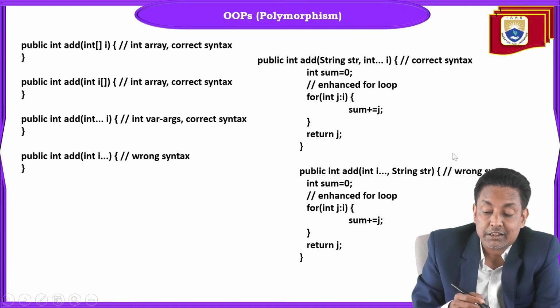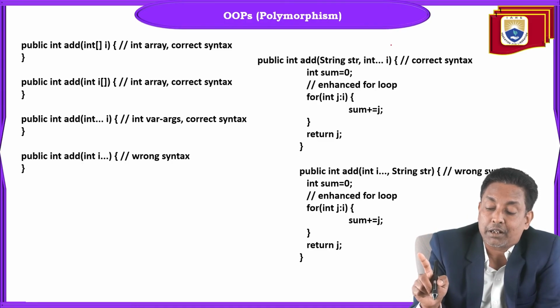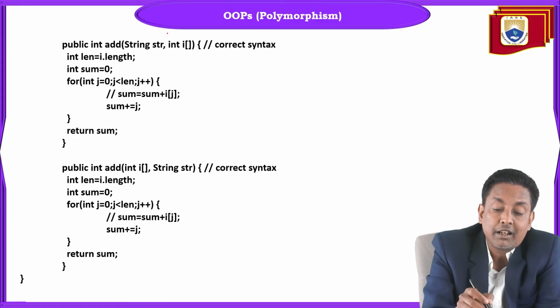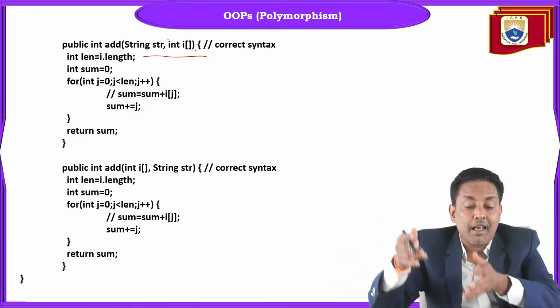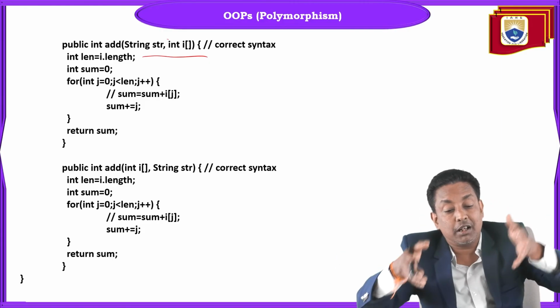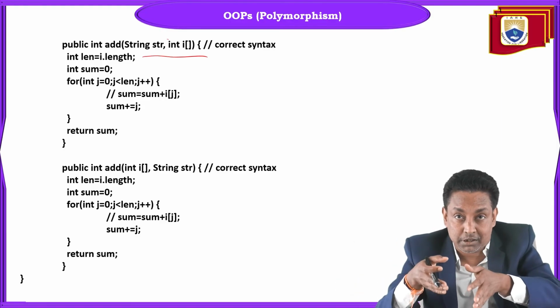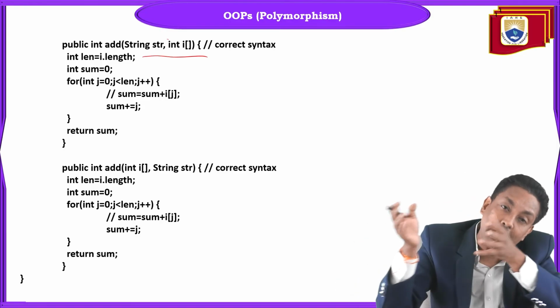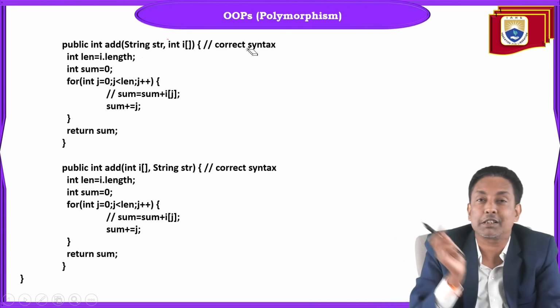But the advantage with an array is, if you use a vararg as a parameter, it should be the last parameter and only one can be used. Whereas in the case of arrays, a method can take any number of arrays as parameters. An array parameter can be at the beginning, in the middle or at the end. Array parameters can be any number in the method, and an array parameter can be used anywhere in the method signature. These two are possible only with array types as parameters.